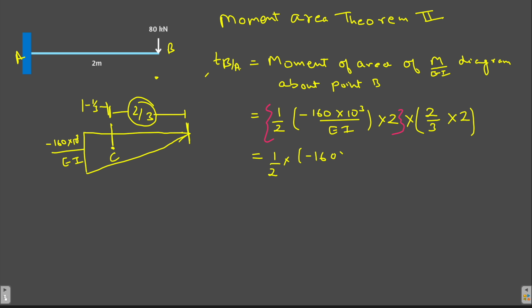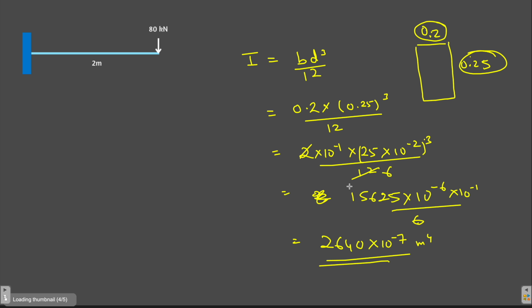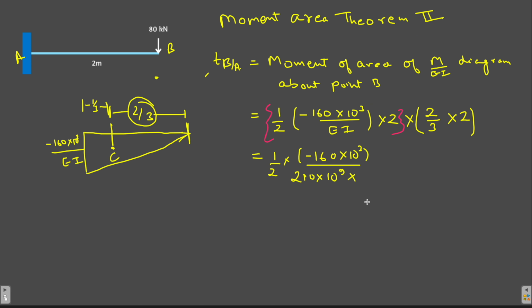What is the value of E we are going to put? The value of E is 210 into 10 to the power 9. Don't forget the units. What is the value of I? We have calculated it as 2640 into 10 to the power minus 7, into 2 into 2 by 3 into 2 again.